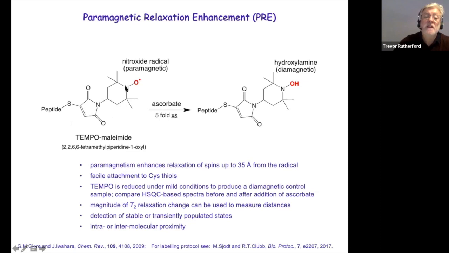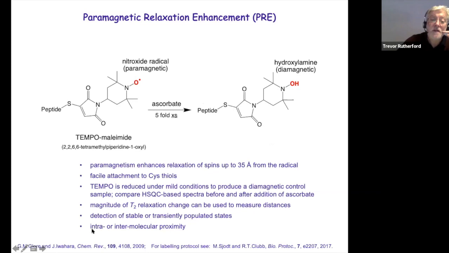So what we do is we have a paramagnetic species that induces rapid relaxation in any spin that's within 35 angstroms. And then we can reduce this from the paramagnetic nitroxide radical into the hydroxylamine, which is diamagnetic and doesn't relax neighboring spins. So we record the spectrum before and after the addition of the ascorbate, and it gives us an idea of how much the spins are affected and how close they are to the label.